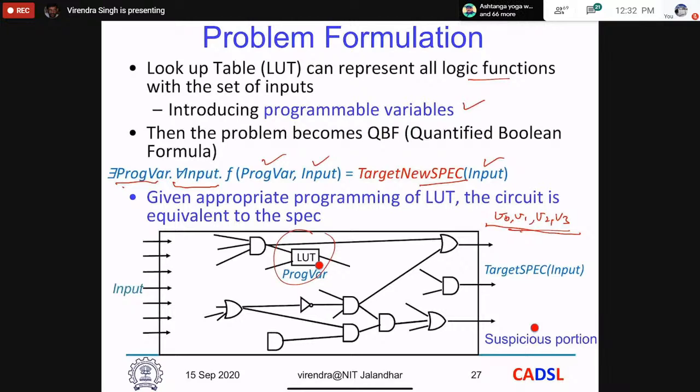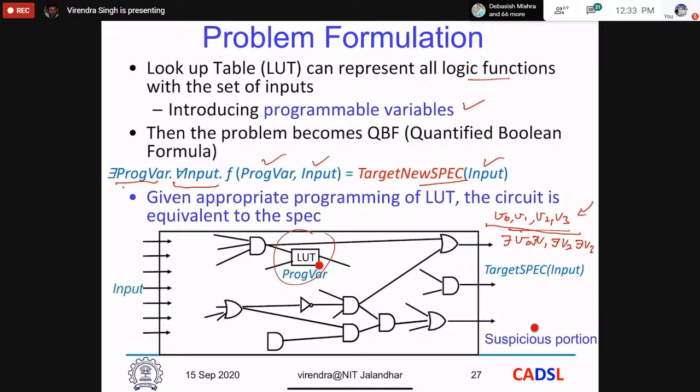So it says there exists some value of v0, of v1, of v2, and of v3, such that for all the inputs my function evaluates to the specification. So now the problem boils down to finding the values of v0, v1, v2, v3.